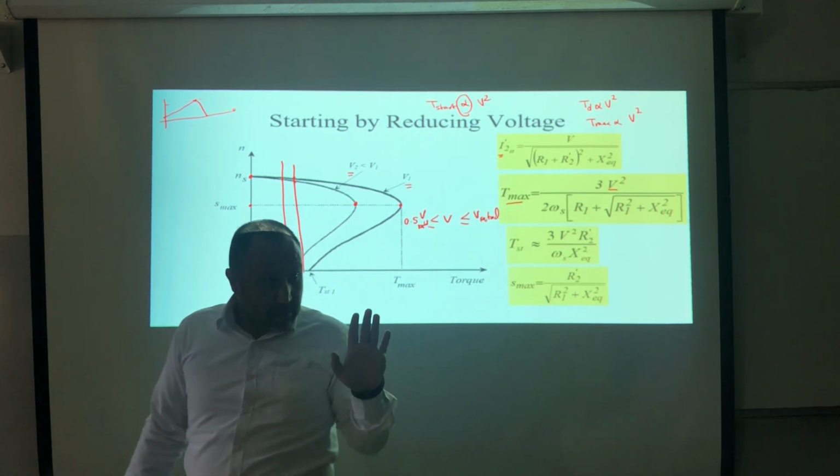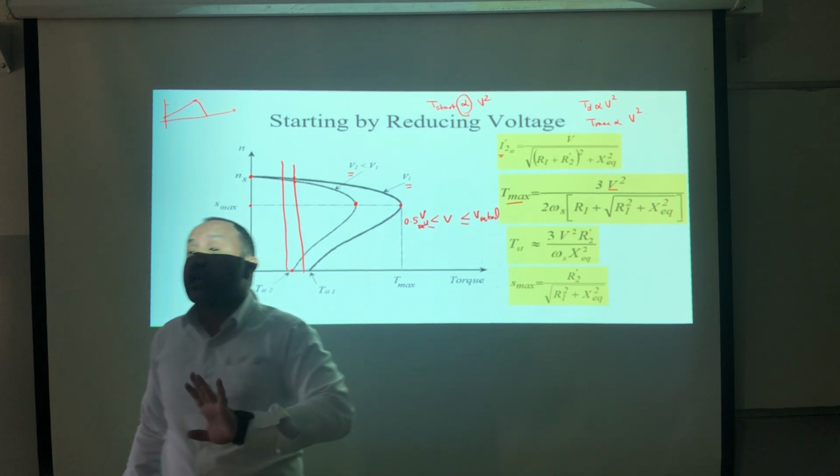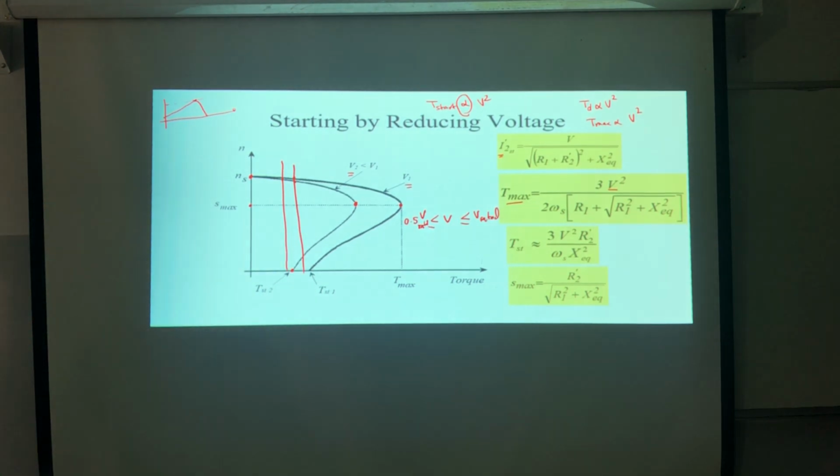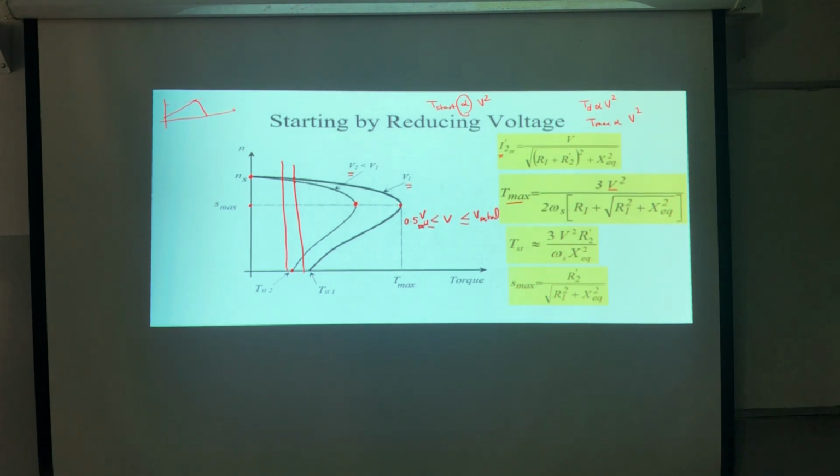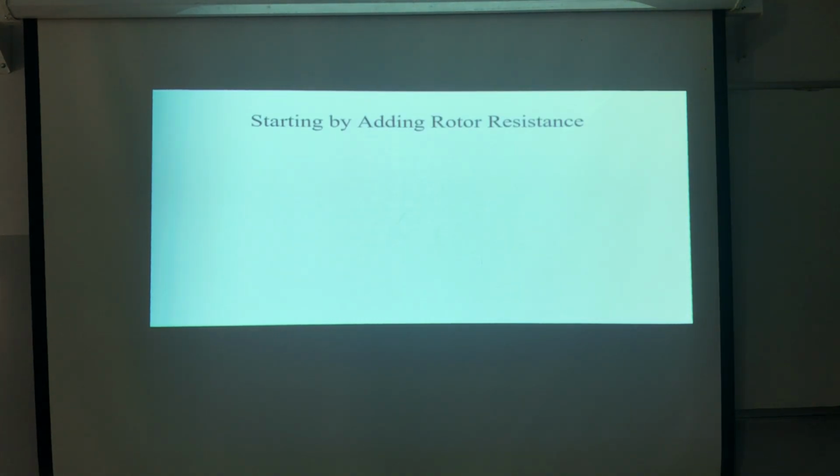So I cannot control the speed above the rated using voltage control. It's impossible, because I can't impose a voltage higher than the rated. Now, if I need to adjust the rotor resistance, and this is only applicable for what?